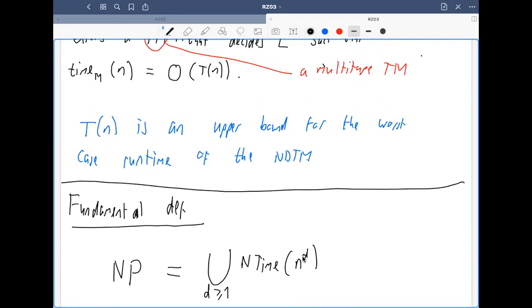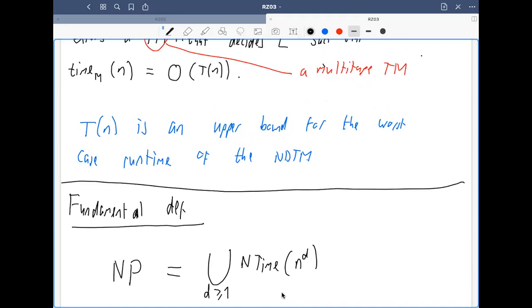So a language is in NP if there exists a non-deterministic Turing machine that decides that language, it accepts a word if and only if it belongs to the language, rejects the word if and only if it doesn't belong to the language, and that machine runs in time that is bounded, so its worst case runtime over all inputs of length n and all runs on the input is bounded by some polynomial in the size of the input.